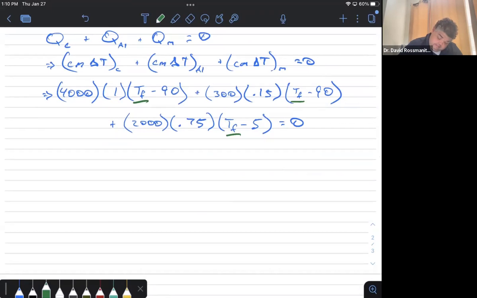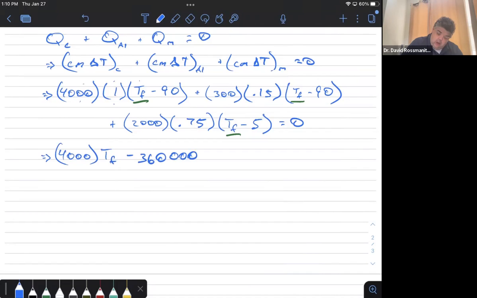So let's try it. How am I going to do this? Well, I have 4,000 times 1 times TF. So that's 4,000 times TF. And then I have 4,000 times 1 times negative 90. So I get my calculator. 4,000 times 90 tells me minus 360,000.